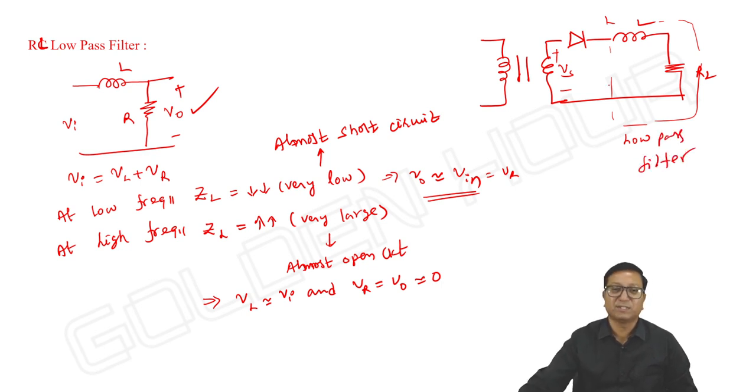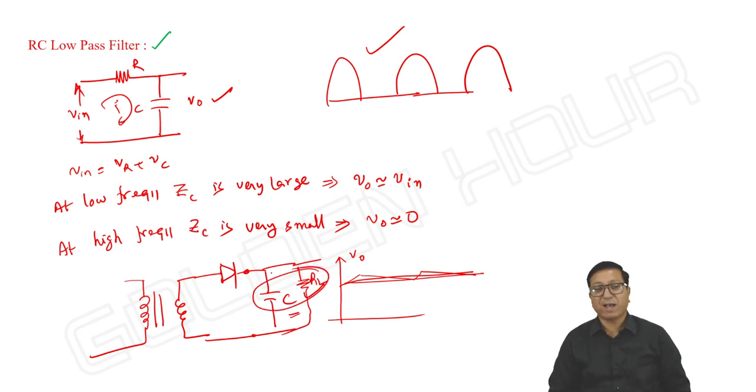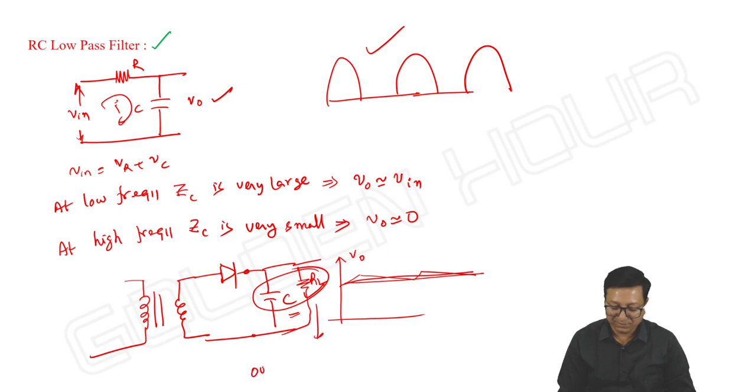For the rectifier with filter, even in the previous one, practically there is a resistor. Even though it is present, as the resistor is in parallel with the capacitor, the overall behavior remains that of a low pass filter.